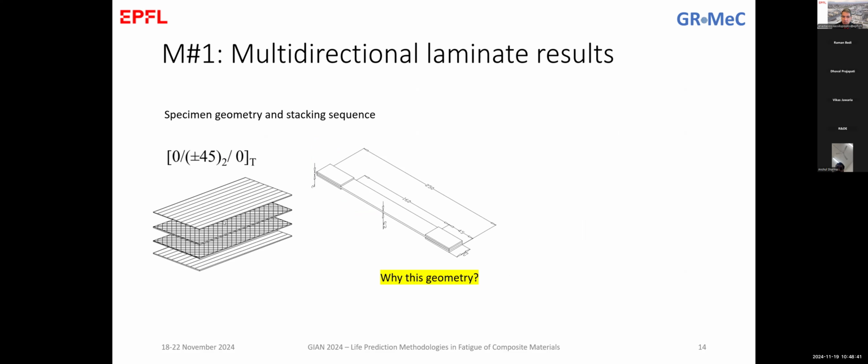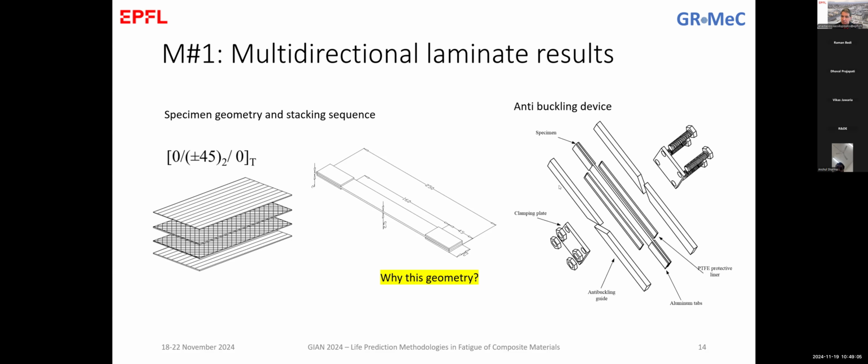So with these plates that we manufactured, we created specimens. Why this geometry? It is exactly because we discussed before that this geometry is recommended, not imposed, but recommended by standards. In this case it was the ASTM standard for having reproducible results. And then we also use an anti-buckling device.